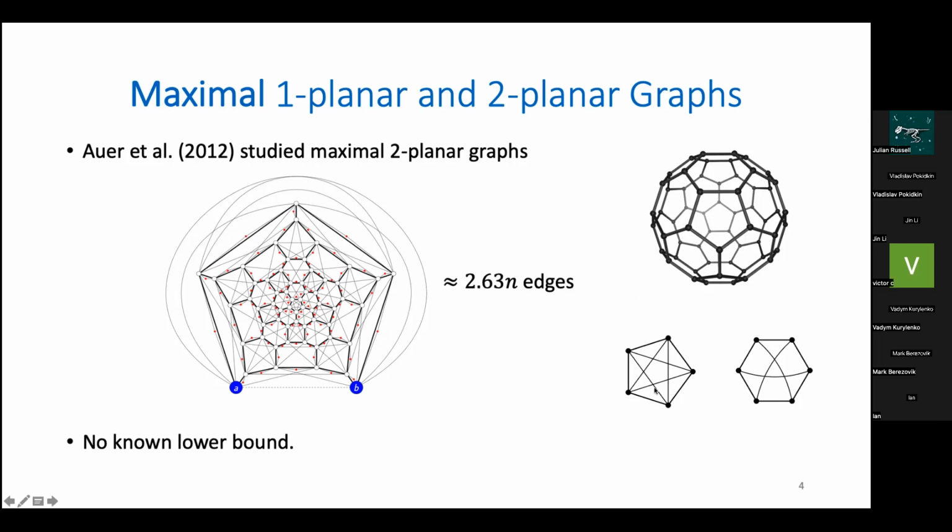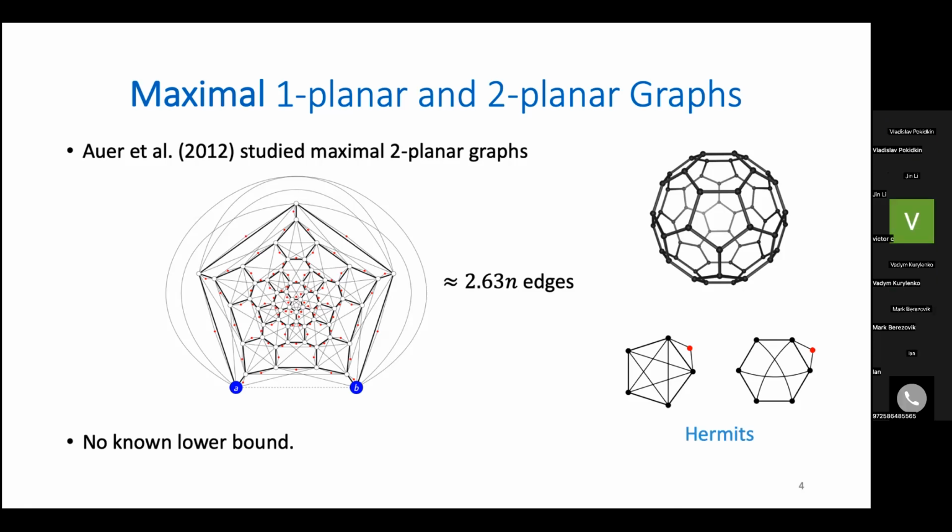For a face of size 5, they added all the edges inside, and for size 6, they added 3 diagonals. And then for each of the uncrossed edges of this molecule, they added vertices of degree 2. We call these vertices of degree 2 hermits, which we will look into in more detail later.